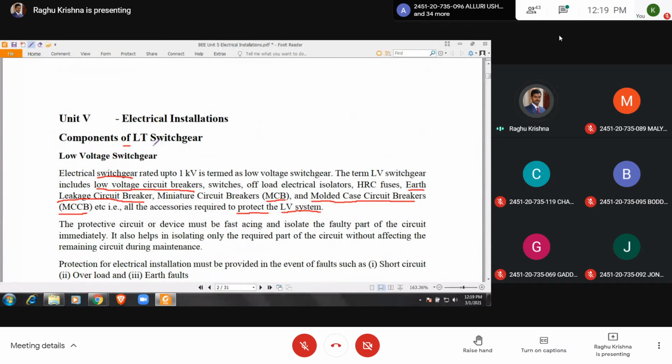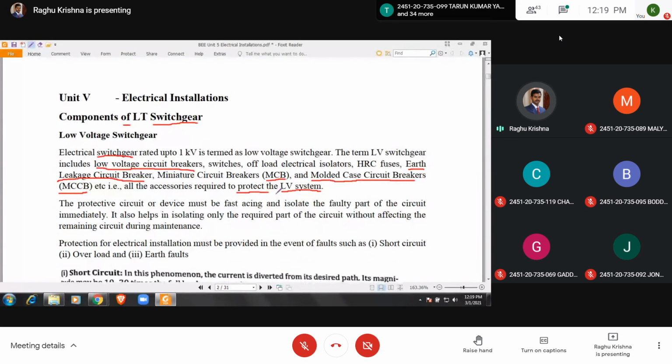The apparatus used for switching, controlling and protecting the electrical equipment is called switchgear. In switchgear, we are going to have MCB, MCCB, ELCB, HRC fuses and switches.